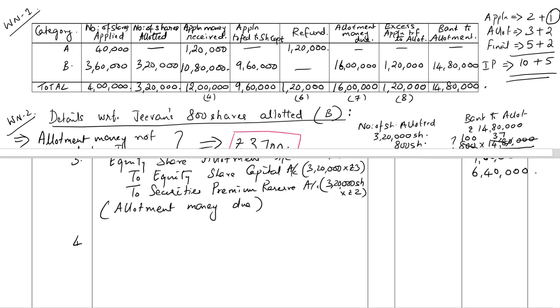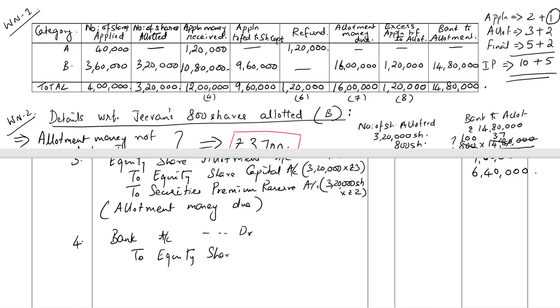The fourth entry is for the receipt of the allotment money. Bank account debit to equity share allotment account. The question does not ask us to open a calls in arrears account, so we will not open it. This is for the allotment money received.